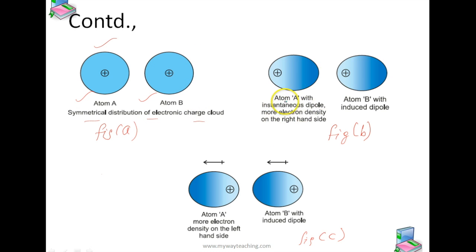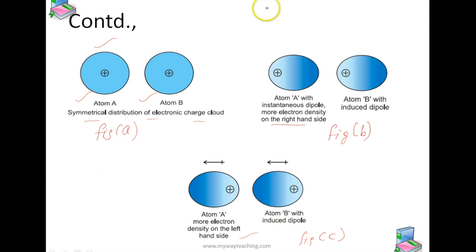Here atom A has an instantaneous dipole, with more electron density on one side. This is unsymmetrical in nature. In figures B and C, the charge cloud is more on any one side, right or left. This results in the development of an instantaneous dipole on atom A for a very short time.